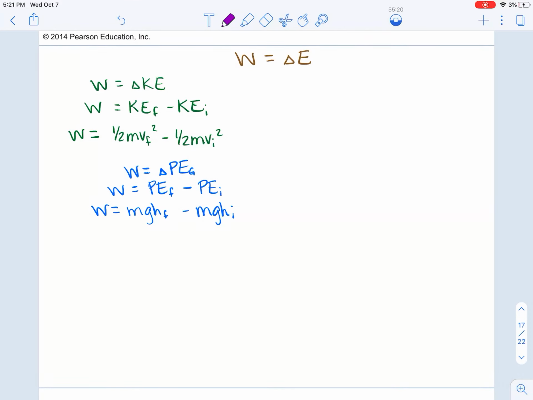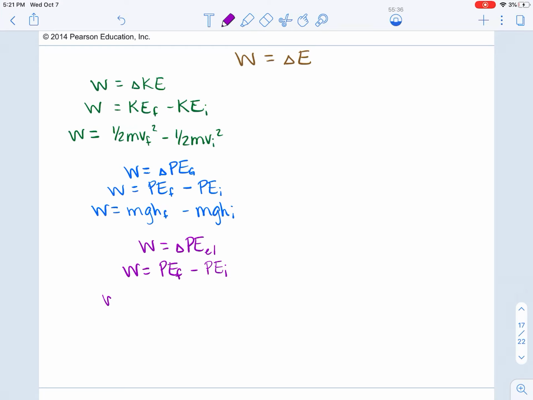All right, so then that leaves us with elastic potential energy as the last relationship to look at. Once again, the work is responsible for the change in potential energy, and change is always final minus initial.